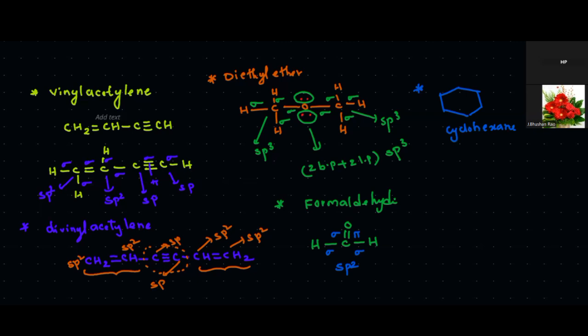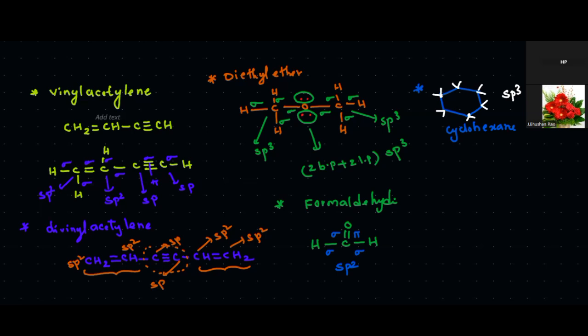Here are two hydrogens, here also two hydrogens, two. Each carbon is surrounded by four bonds. Four bonds means it is always sp3 hybridized. Totally all carbons are sp3 hybridized, so the complete molecule is sp3.